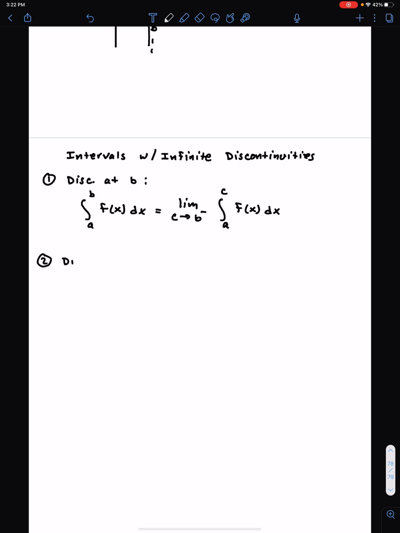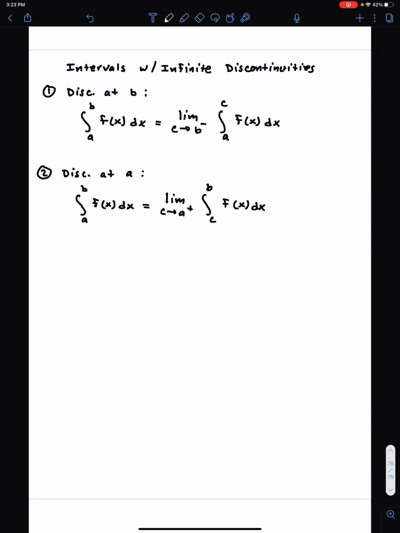Two, if there's a discontinuity at a, then the integral from a to b of f of x dx is equal to the limit as c approaches a from the right of the integral from c to b of f of x dx.